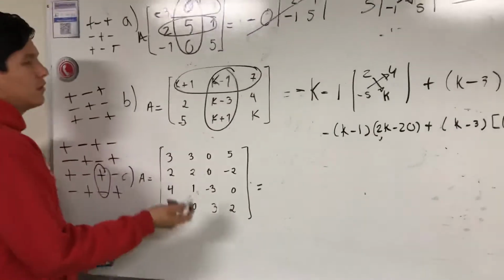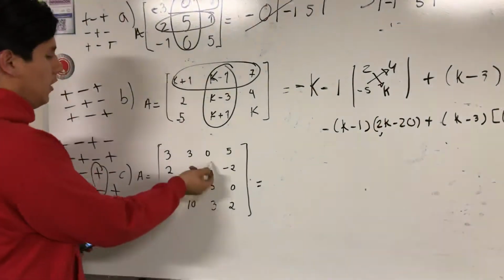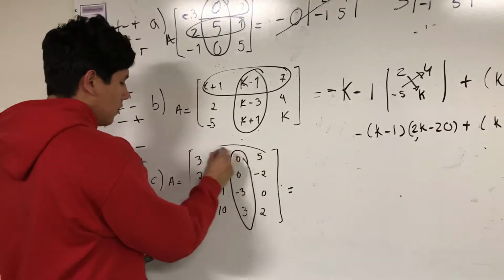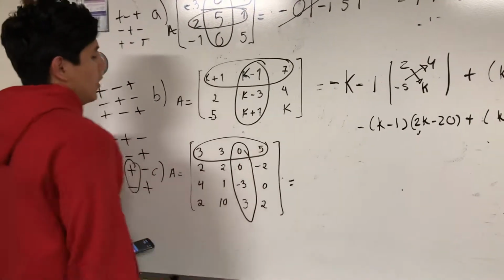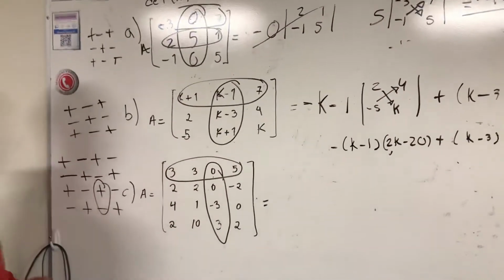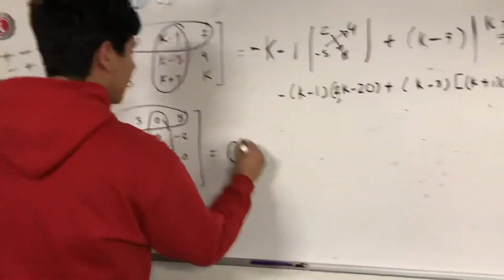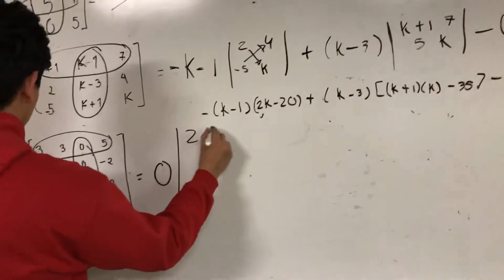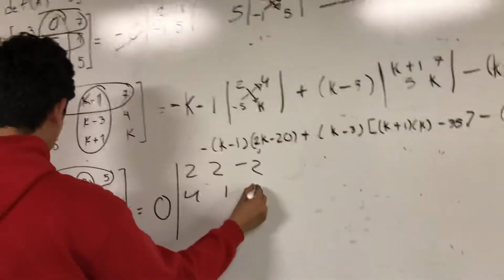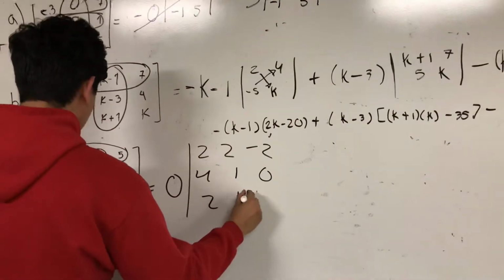So we'll just put our easiest column. So it will be this by choosing this one. By choosing this, we know that it's kind of the same, but we have to start with 0 times 2, 2, minus 2, 4, 1, 0, 2, 10, and 2.